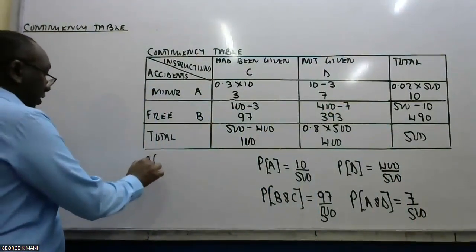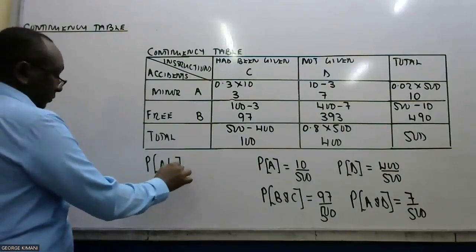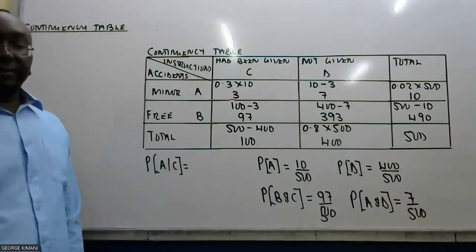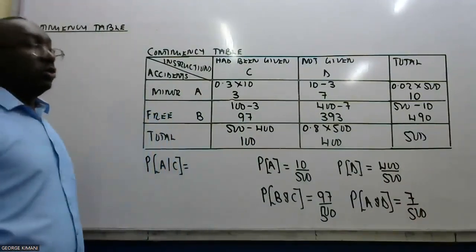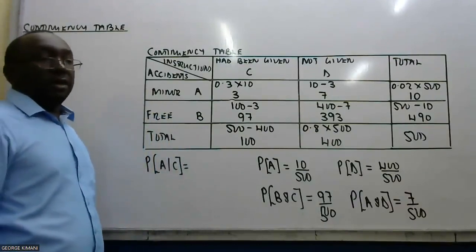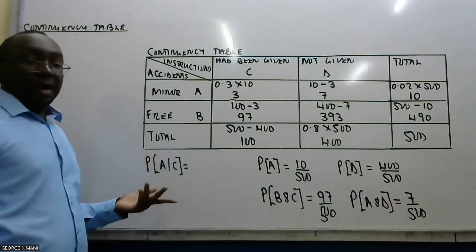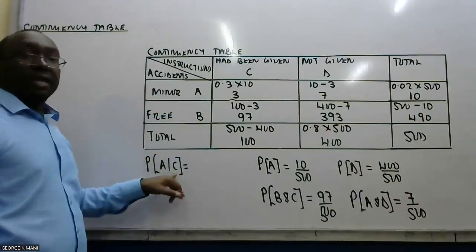If you are told to give the probability of A given C, you don't open the formula like in the other case, because it's conditional now. It's simple: where you are told given, given means it has already happened.